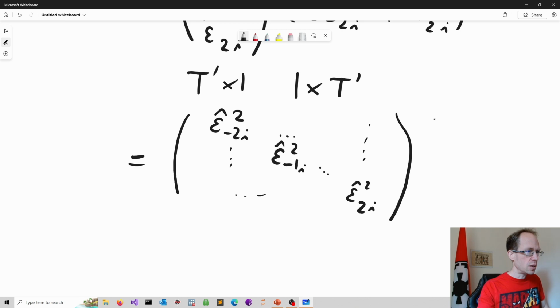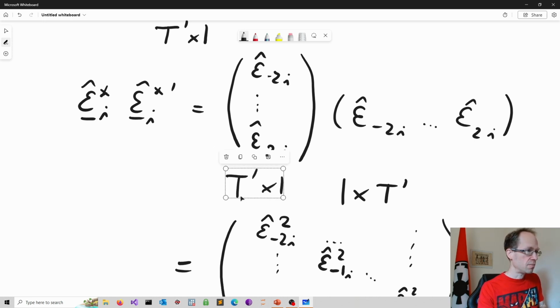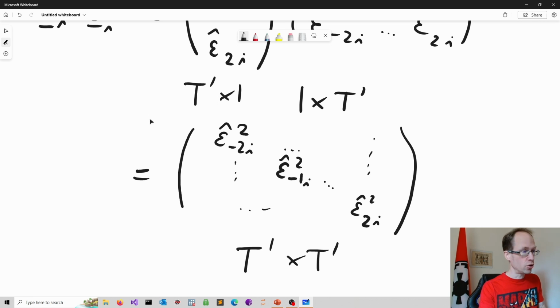Now, if you end up with this, you have a structure of T prime, T prime. So that gives you an expression that measures the covariance structure, or as a matter of fact, you look at one stock in this window of time. You would assume that over time your error variance should not change.